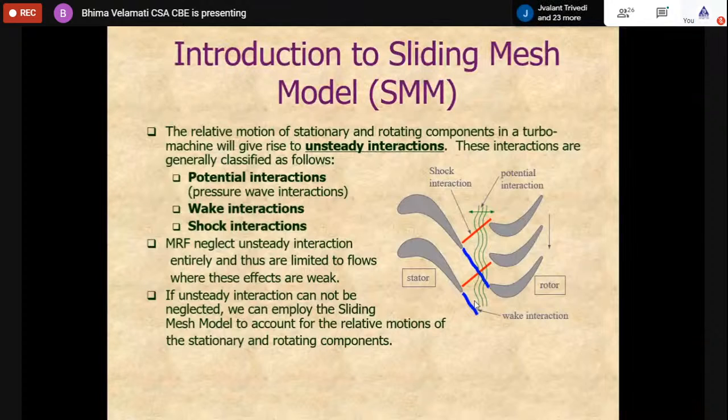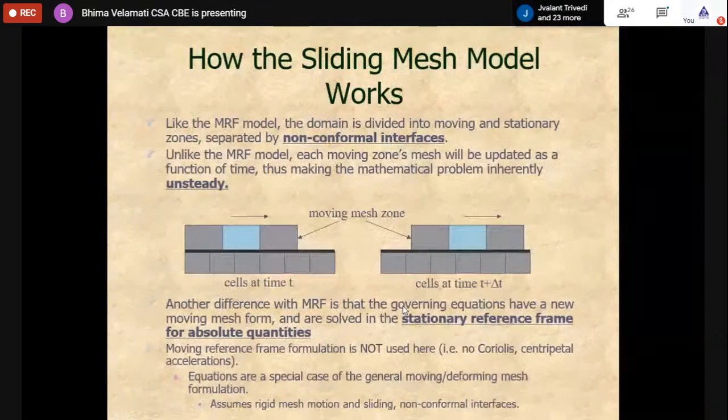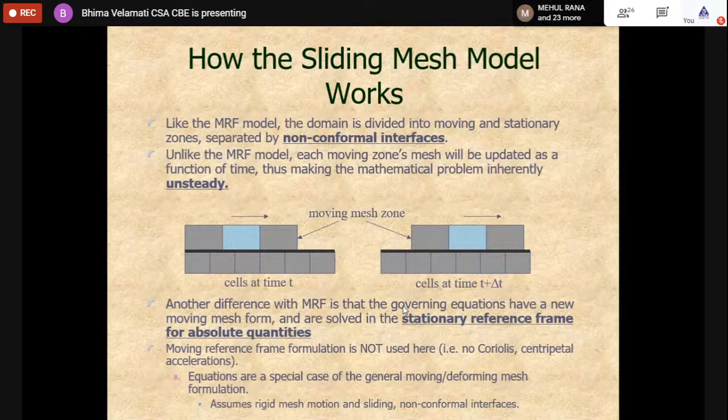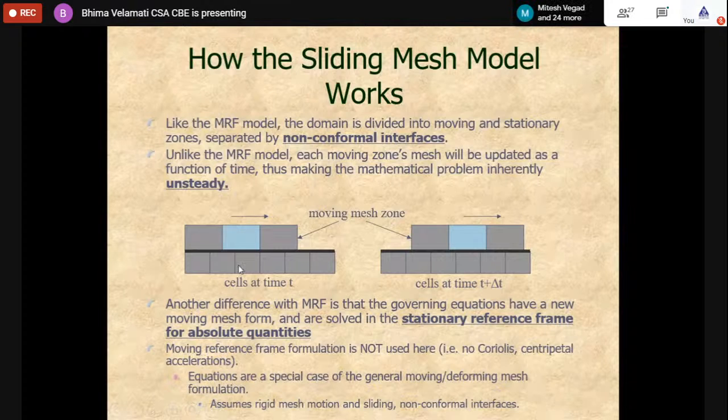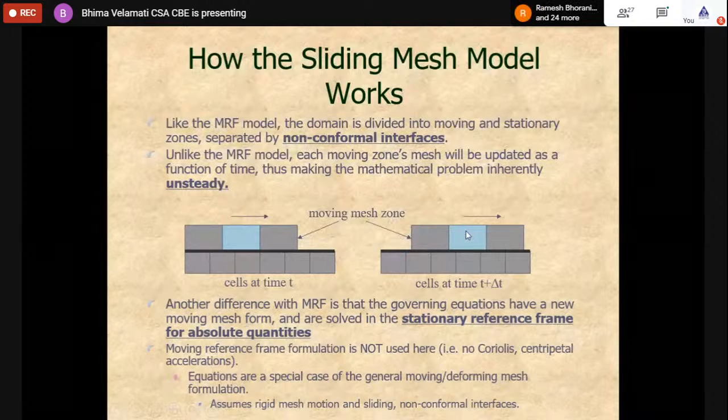Okay. So if I have a non-conforming interface, sorry, wrong slide. If I have a non-conforming interface, the rotating zone, I can rotate the grid with respect to time. Okay. So that means I have a moving mesh zone and I have a stationary zone. The moving mesh zone will move with respect to time.